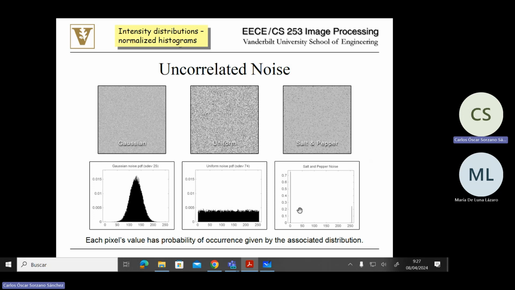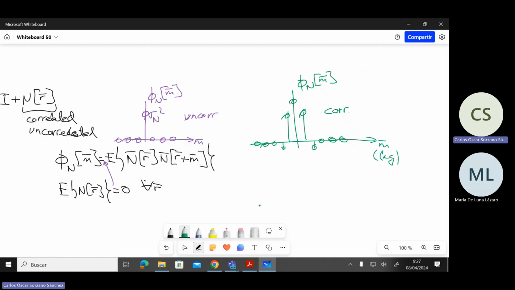These are distributions, which is different from correlation. Correlation is one thing; the other is the distribution of the noise. These are two different things. One is how a single point is distributed, and the other is how a pair of points are related.